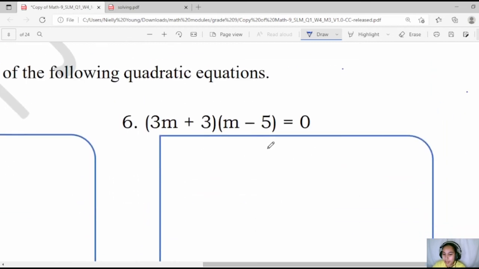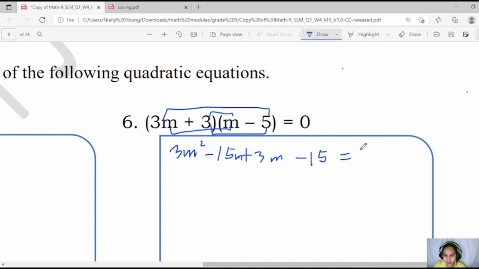Next, 3m plus 3 times m minus 5 is equal to 0. Apply the FOIL method. First term, 3m times m is 3m squared. Outer, 3m times negative 5 is negative 15m. Inner, 3 times m, positive 3m. And then the last term, 3 times negative 5 is negative 15, equals 0.